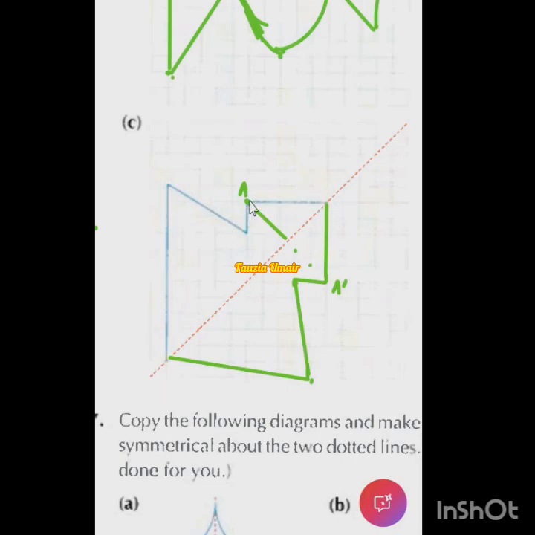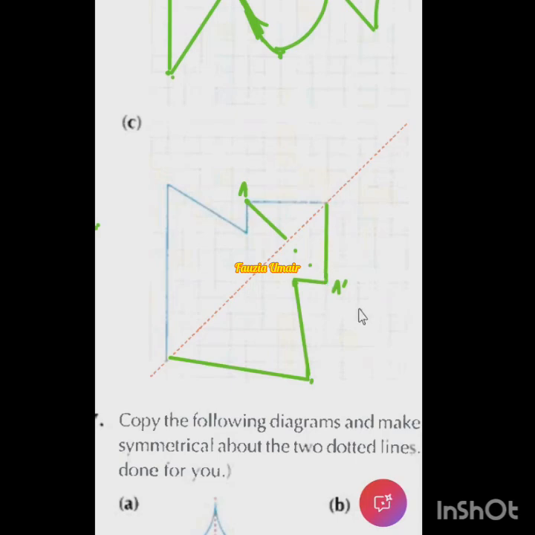Ma'am, what if the first line, starting from A to the dotted line, we do it straight, like horizontal? Sorry? Like you have drawn the first line, on the other side you have drawn from here, this line. You have drawn it vertical.